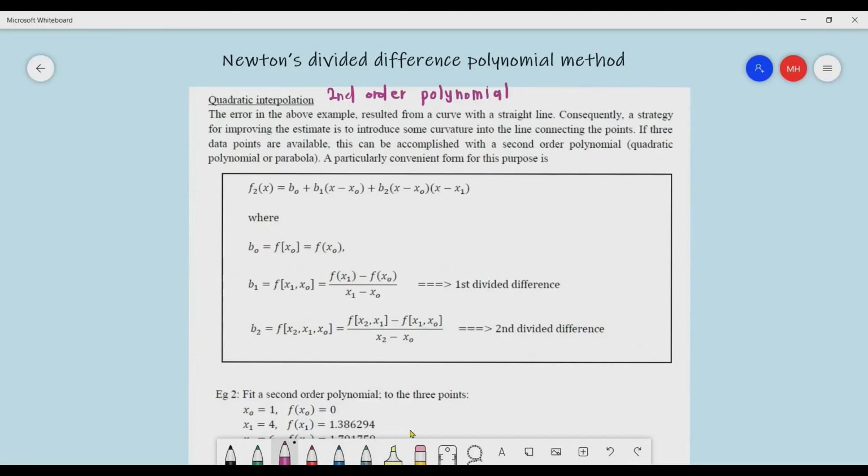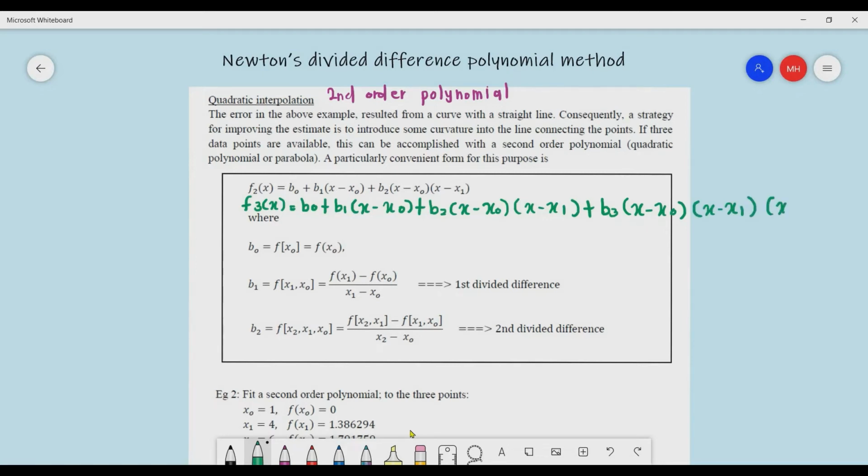Let's say you have the cubic function, f3. So it will be b0 plus b1 (x minus x0), plus b2 (x minus x0) multiply (x minus x1), plus, because we have third order, b3 (x minus x0) multiply (x minus x1) multiply (x minus x2).